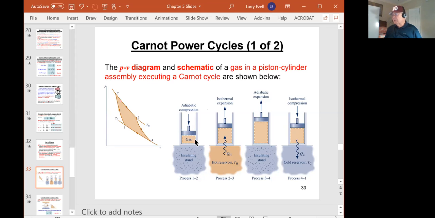Now an isothermal compression is from 4 to 1. Again, this is constant temperature along here. The vertical lines are adiabatic, and the slanted lines are isothermal, meaning the temperature is the same.